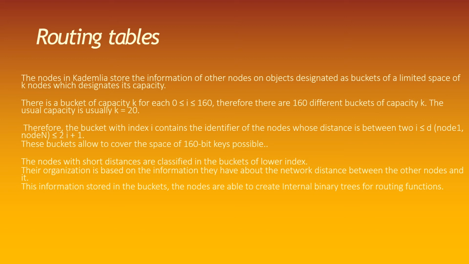These buckets allow covering the space of possible 160-bit keys. The nodes with short distances are classified in the buckets of lower index. Their organization is based on the information they have about the network distance between the other nodes and it. With this information stored in the buckets, the nodes are able to create implicit binary trees for routing functions.